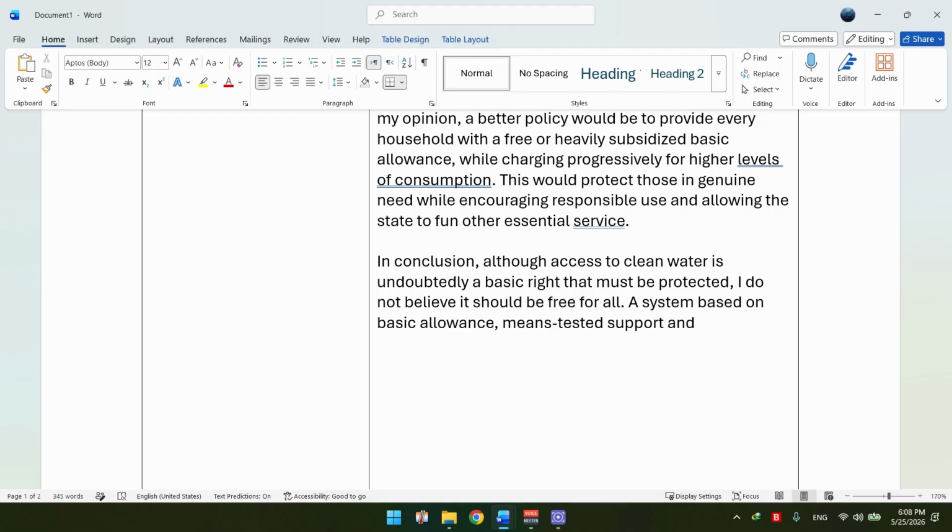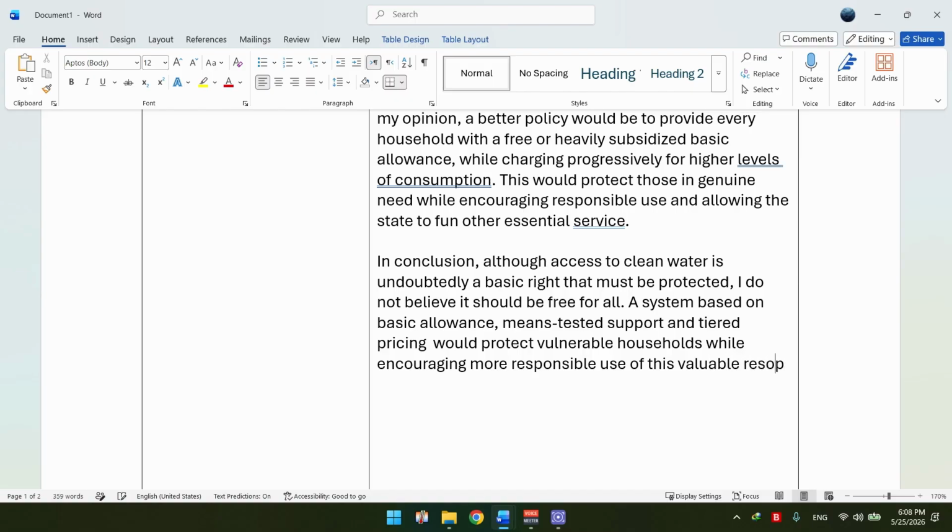Support and tiered pricing, progressively increasing tiered pricing, would protect vulnerable households while encouraging more responsible use of this valuable resource.